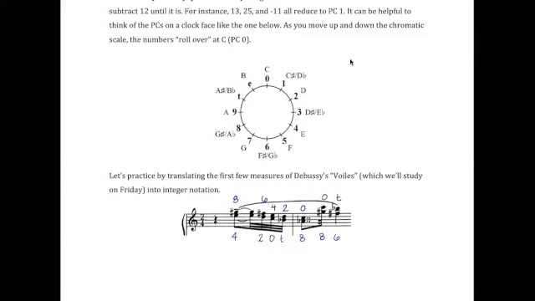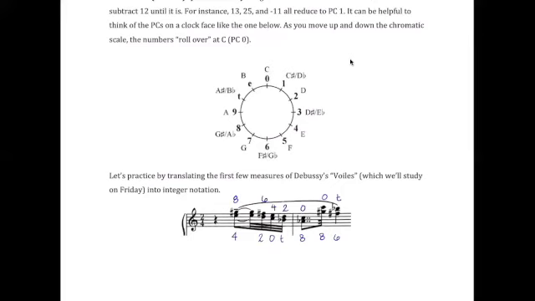Okay, so compare your answers to mine. And there are a couple of things I want to just highlight. One is that as you went through, I do want you to make sure that you utilized the T abbreviation for the B flats.